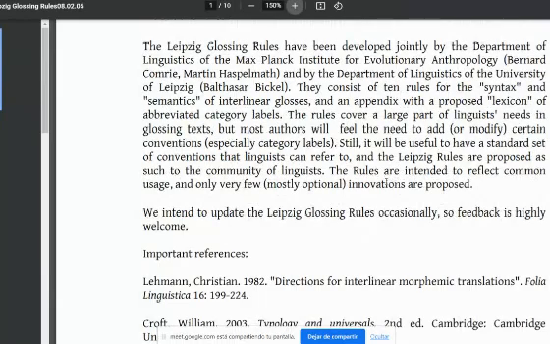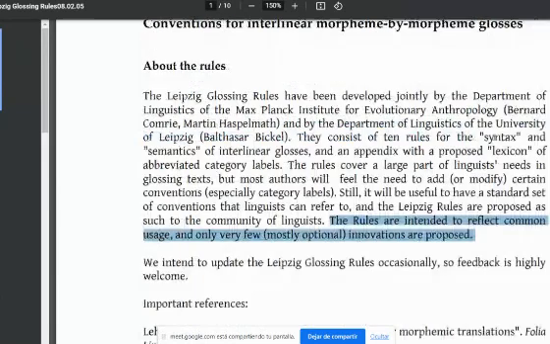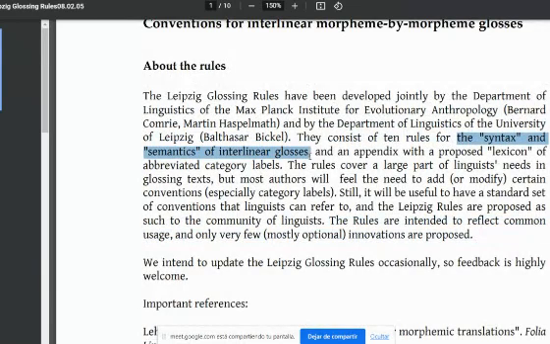These rules are intended to reflect common usage, and only very few innovations are proposed. In linguistics, for example, they consist of 10 rules for the syntax and semantics of interlinear glosses.